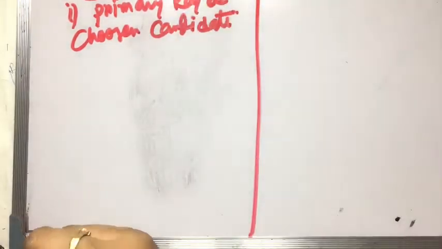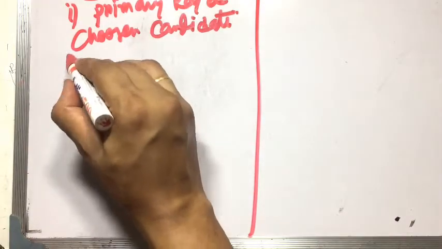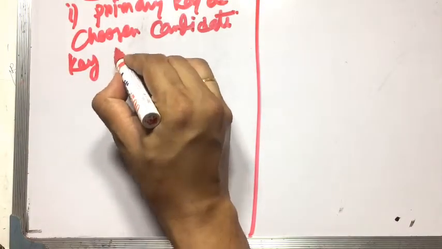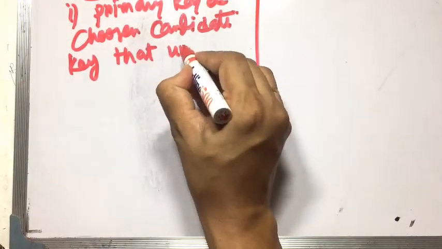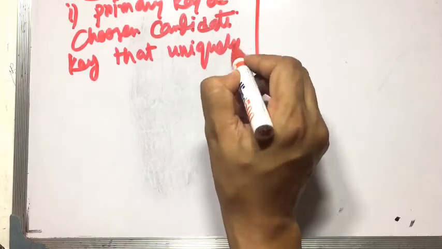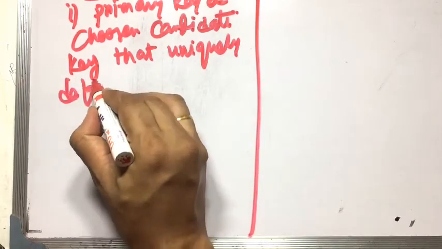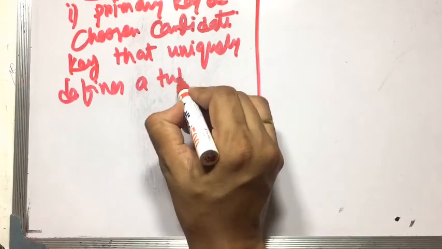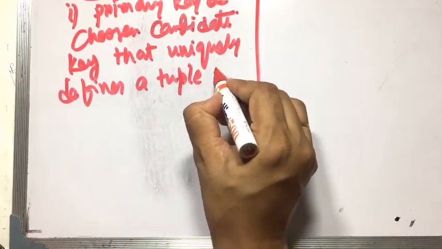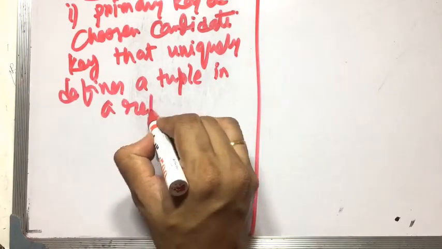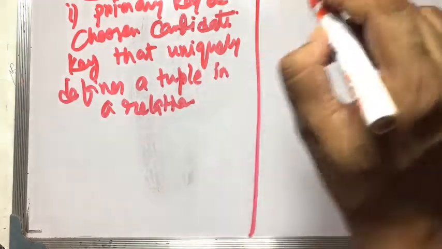The minimum attributes that uniquely identify a tuple in a relation is the chosen candidate key. So this is the basic definition of primary key.